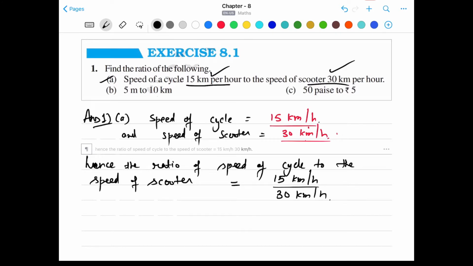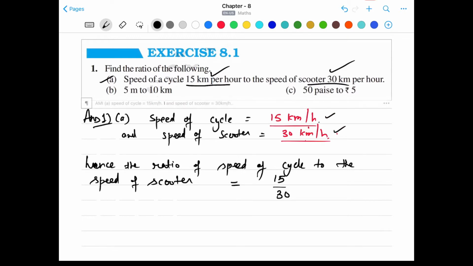One more thing you have to understand here is, whenever you write a ratio, you first have to make sure the unit of both quantities is the same. If the unit of both quantities is the same, then you can cancel them out. So we will not write the unit in the case of a ratio. We'll just write the numbers, because the units of both values are equal, so they will be cancelled out.